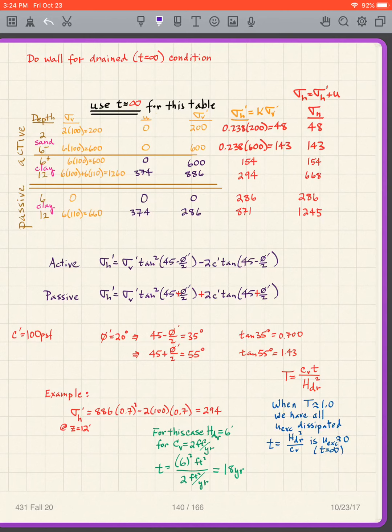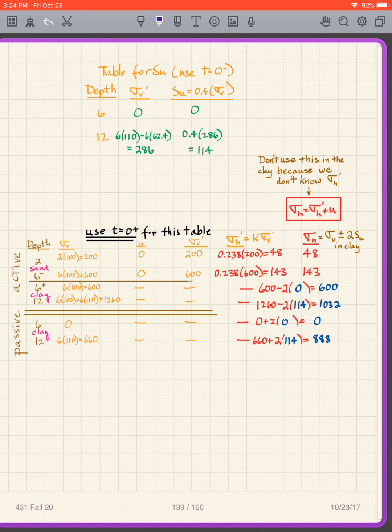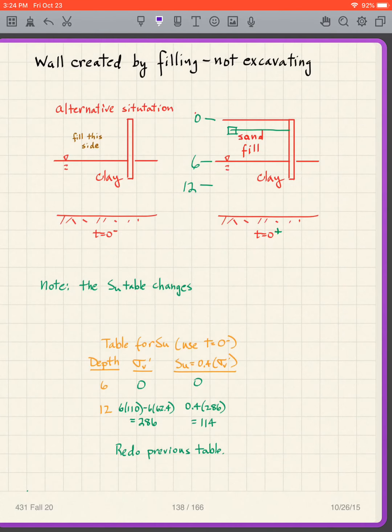Well, we can look at our situation here, our soils, and what we're concerned about is dissipation of the pore pressure in this region. How are those pore pressures going to dissipate? Well, there's only one place for them. They've got to go up. So this is basically a single drainage condition. It can't drain in both directions.